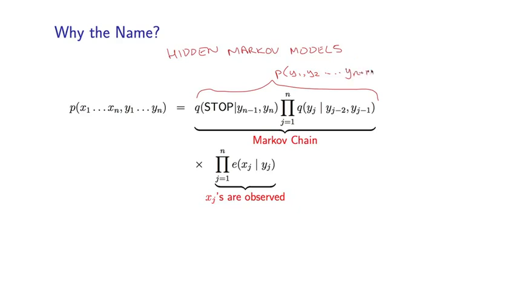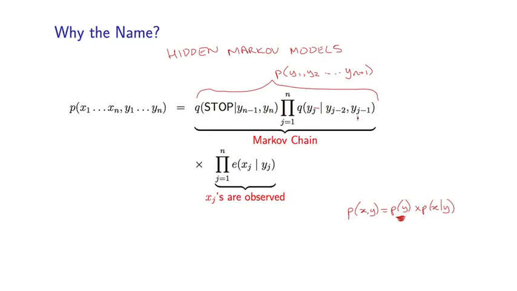So this is the probability of y1 through yn+1. Remember, in the noisy channel model, we usually had p(x, y) equal to p(y) times p(x | y). So these q terms correspond precisely to p(y), where y is now an entire tag sequence.